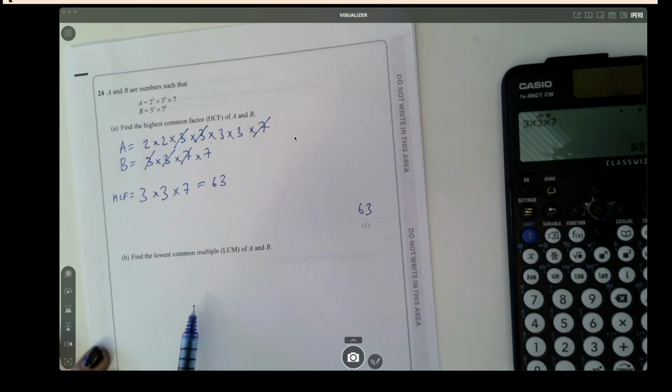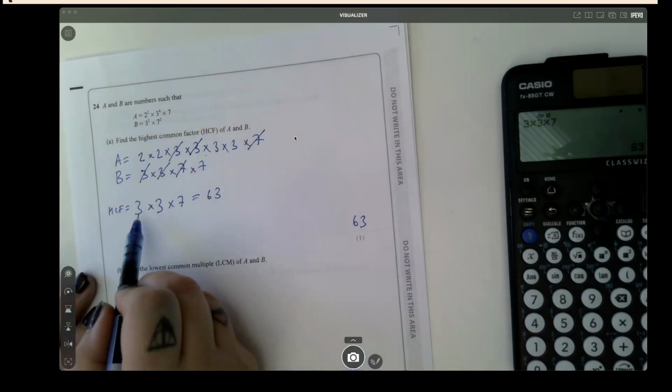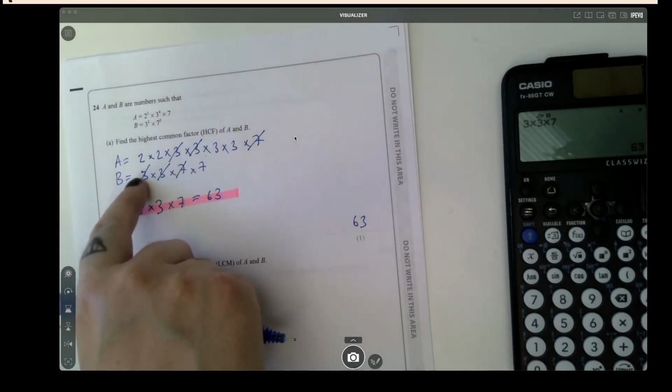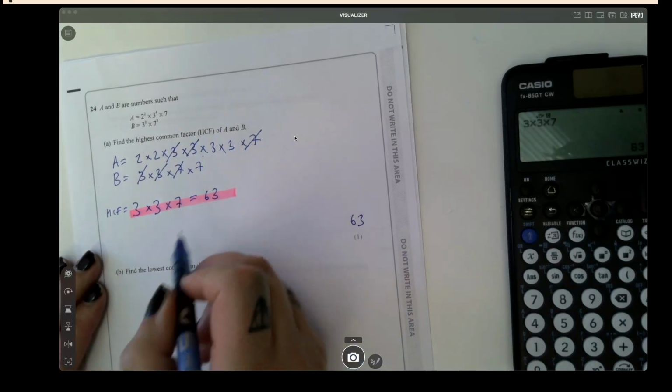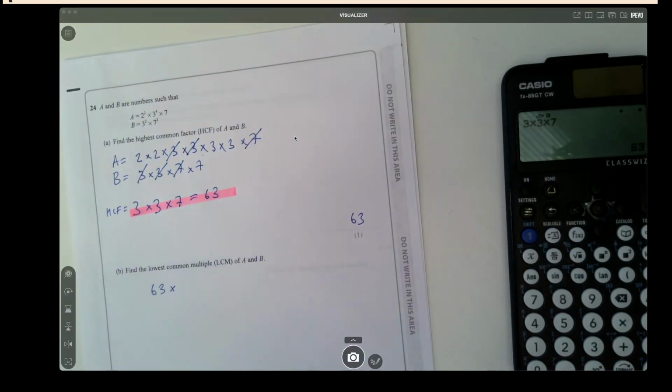Find the lowest common multiple of A and B. So the lowest common multiple is everything multiplied together, but these things that we've taken out as the highest common factor, we only use them once. We don't use them twice as they appear in those lists. So we're going to do the highest common factor multiplied by what's left up here.